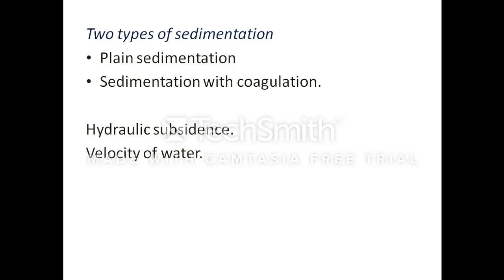If the velocity of water is high, there will be turbulence and the particles will not settle down. But if the velocity is low, particles will settle down more easily, as there will be less turbulence in the water. Also, the large sized particles will settle down more easily as compared to the small sized particles.